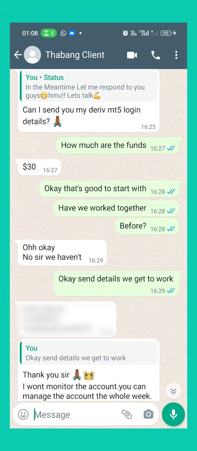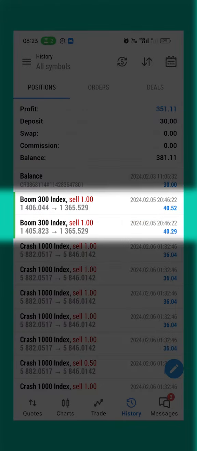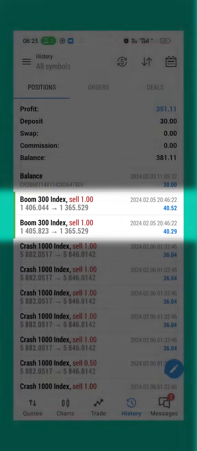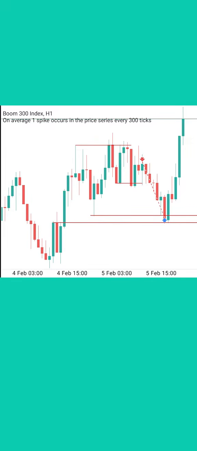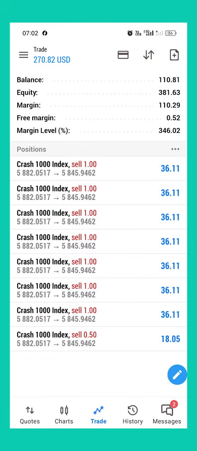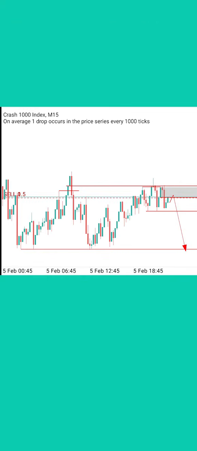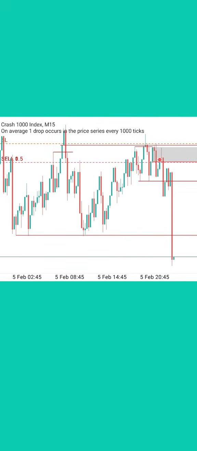So, quick backstory: the client gave me the account at 30 USD, then I flipped it to 300 USD using Boom 300 index, where I entered and exited, and we made about 80 USD with this trade. So it placed our account at 110 USD, and then from 110 I flipped it to 381 USD with this crash 1000 index sell, which plummeted heavily, as you can see.